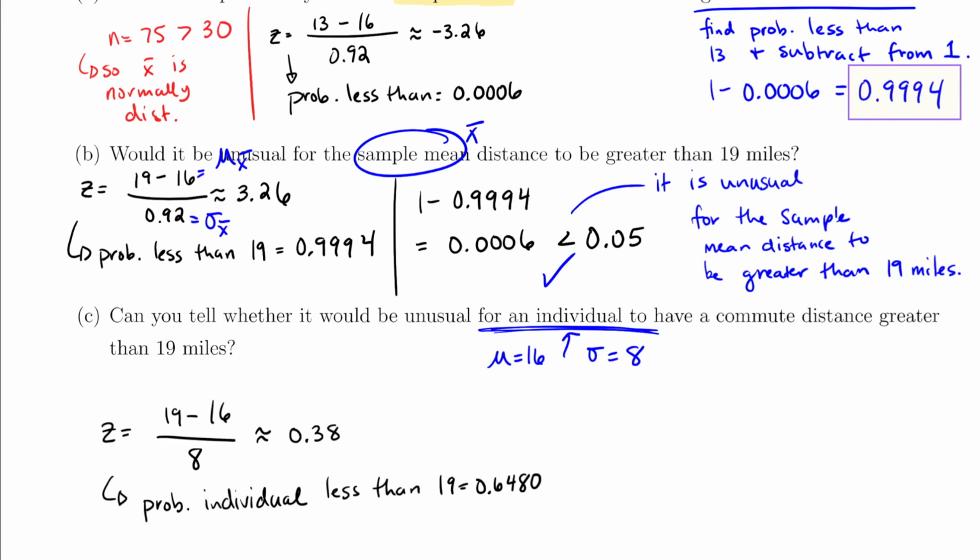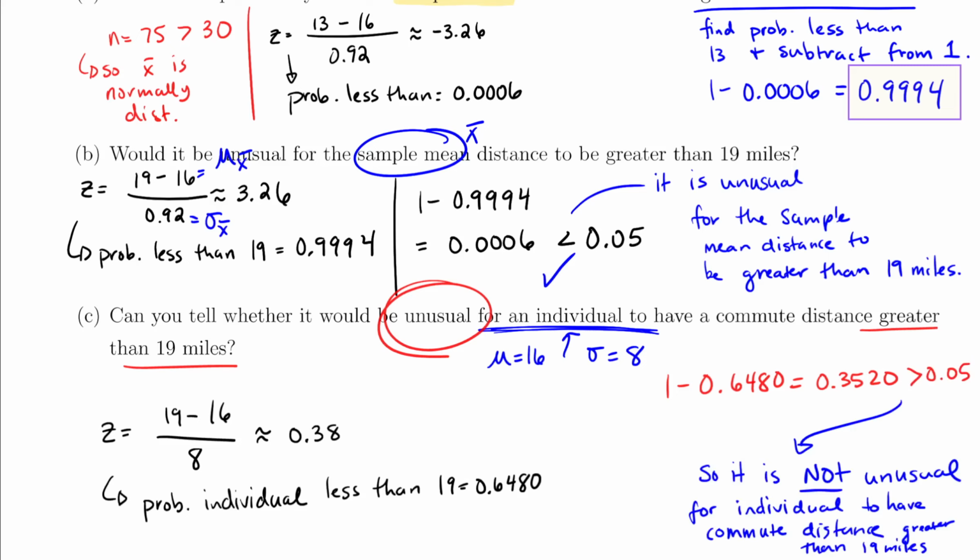Since we actually cared about greater than 19 miles, we'll do 1 minus that. And when we do so, we get 0.3520. And again, what is our cutoff for unusual? It's being less than 0.05, but this is greater than 0.05. So since it's greater, it's not unusual.